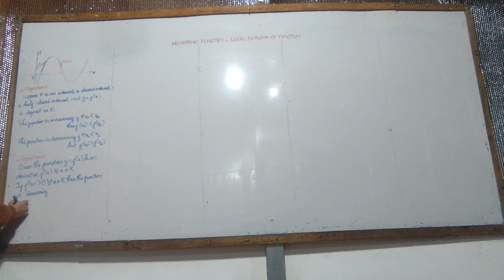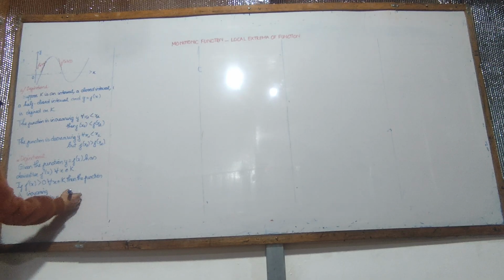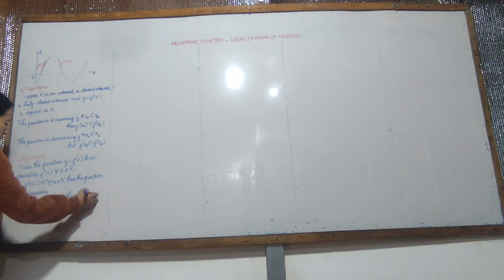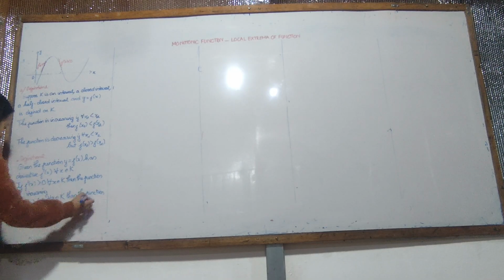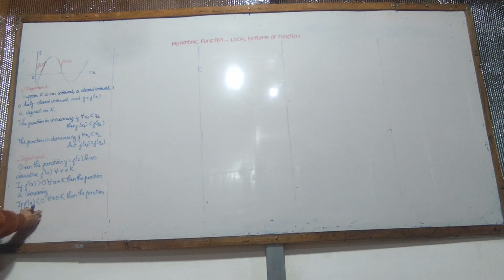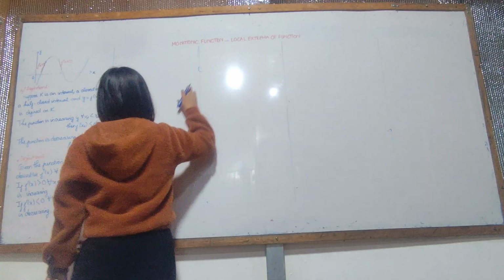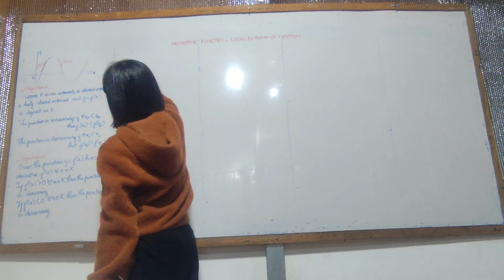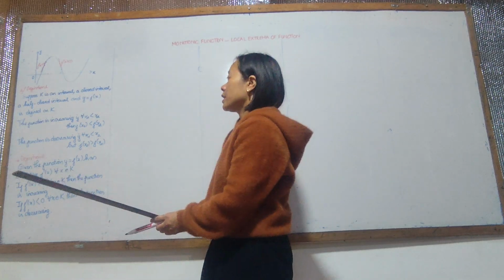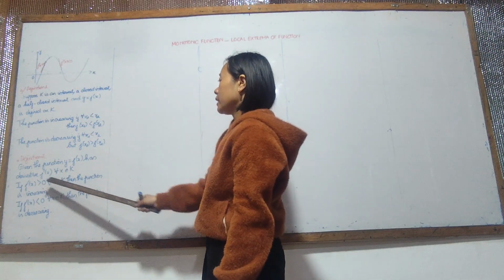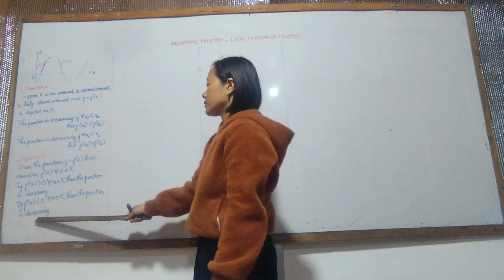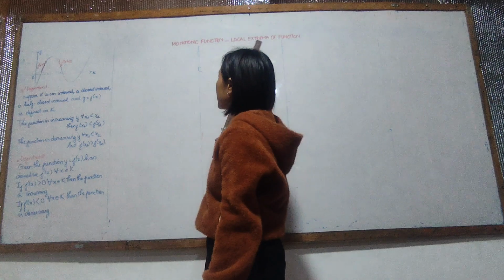Okay, and if f prime of x is less than 0 for all x belonging to K, then the function is decreasing. And we generally call increasing or decreasing a monotonic function.